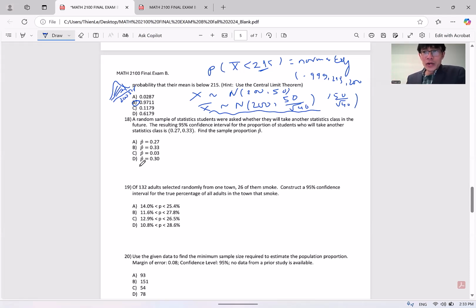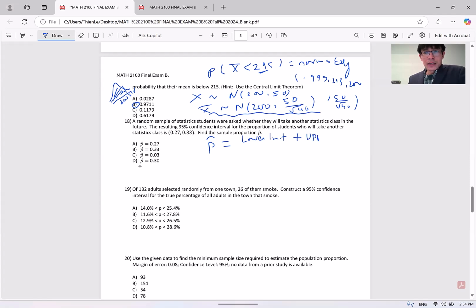If you remember, we have a relationship between the point estimate and the interval's lower and upper limits, in chapter 7 and chapter 8. So p hat will be equal to the lower limit plus the upper limit, divided by 2.